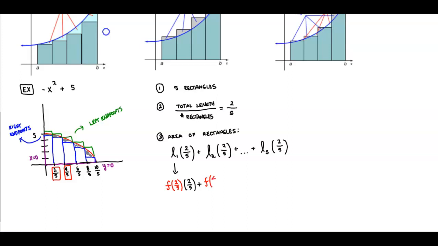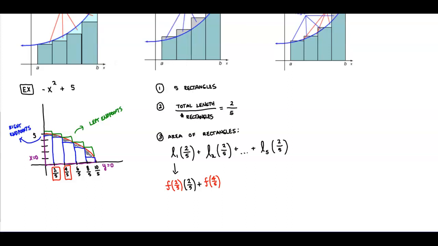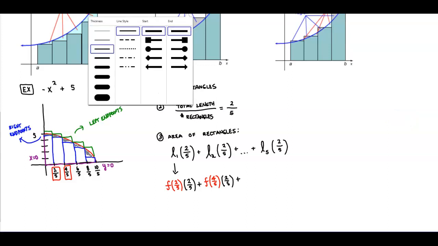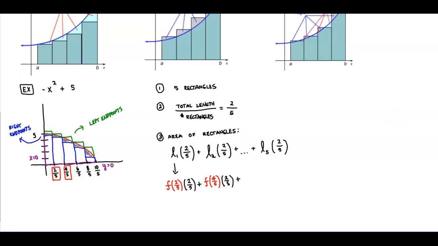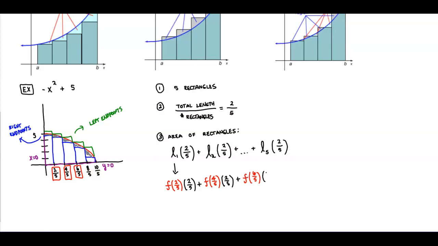So it's going to be f of 4/5 times 2/5. And then plus, we have f of 6/5. And again, we're multiplying that by 2/5.